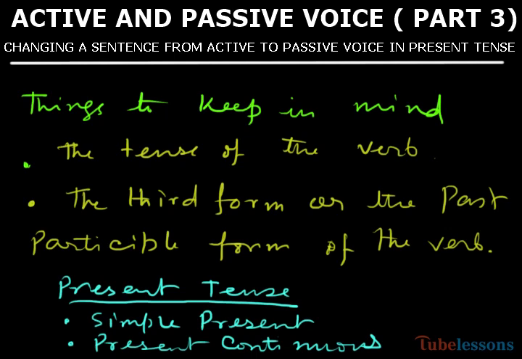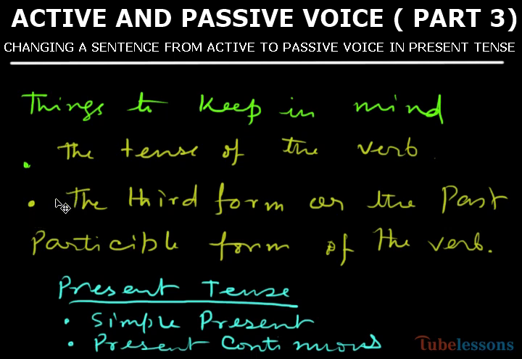So, to sum up briefly, first you have to keep the tense in mind while changing. And the second one is the third form or the past participle form of the verb.